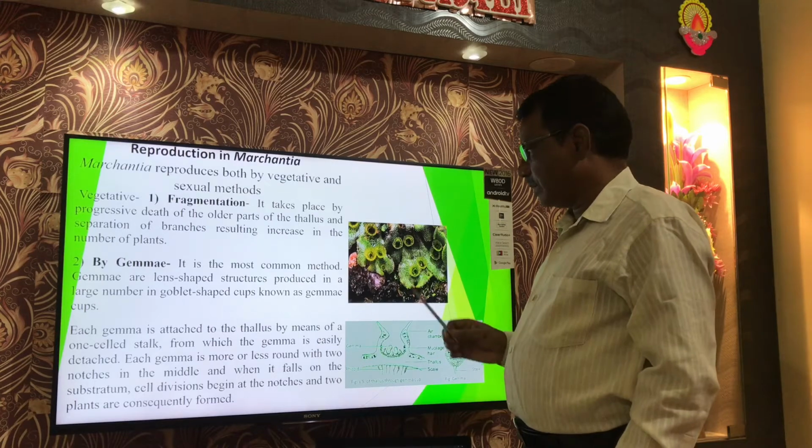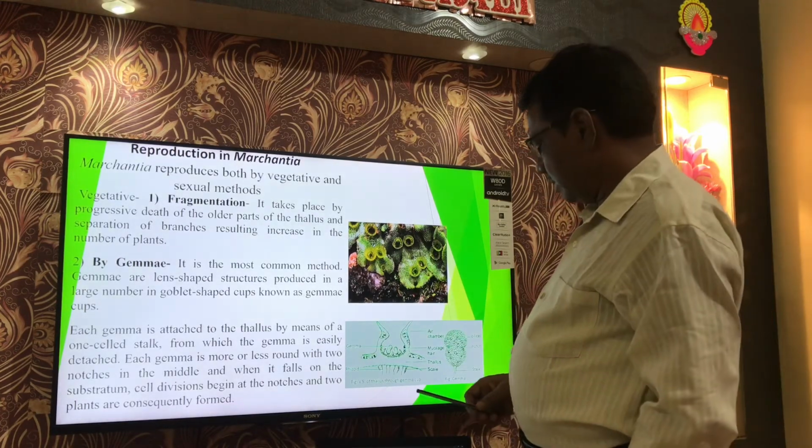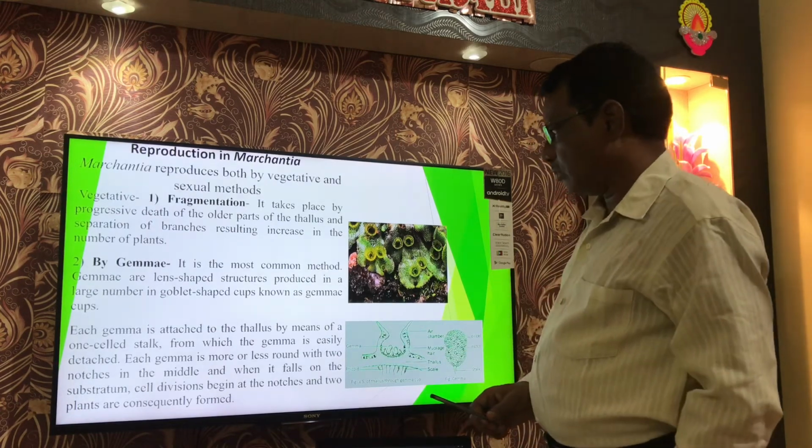So this is very common when this gametophytic thallus is growing under highly favorable conditions of the environment.